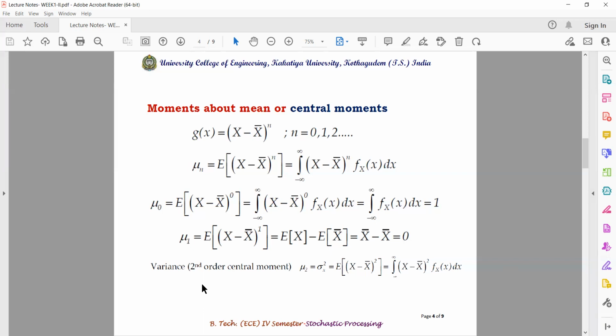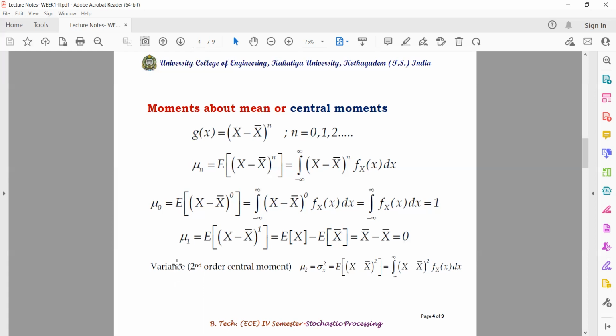Then the second order central moment is generally called the variance of the random variable x. While discussing communication systems also, it will be given in the problem that noise has a mean and variance of some values.